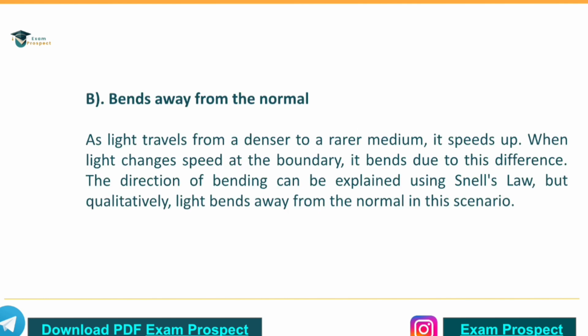Correct answer is option B, it bends away from the normal. As light travels from a denser to a rarer medium, it speeds up. When light changes speed at a boundary, it bends due to these differences. The direction of the bending can be explained using Snell's law, but qualitatively, light bends away from the normal in this scenario.